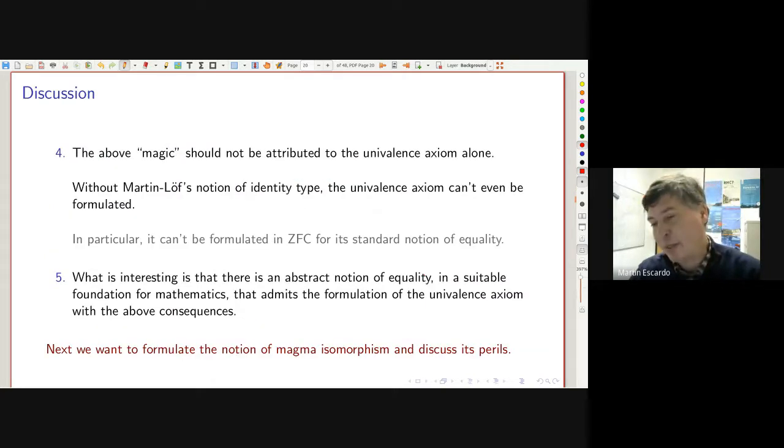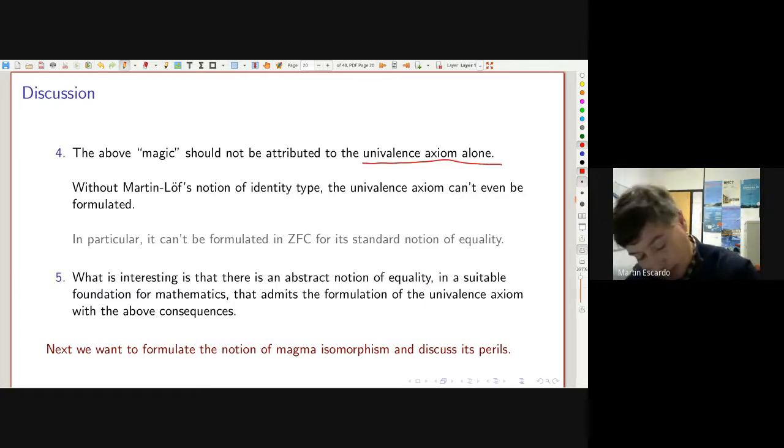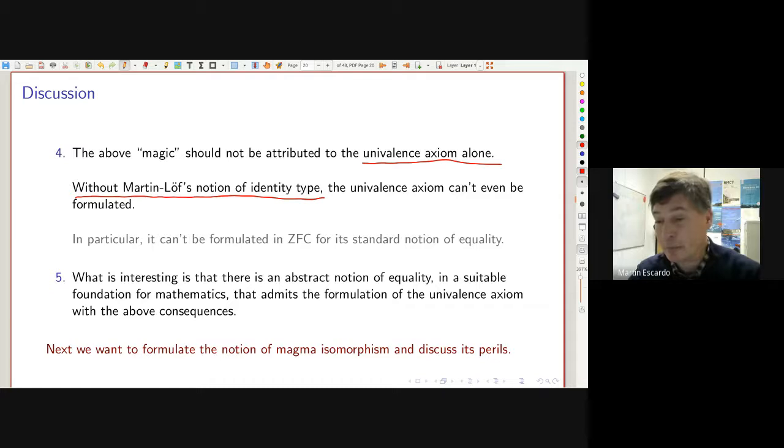Now this comes back to the question that Petruccio asked at the beginning of the talk. Is this happening because of univalence only? Well, no, not only. It is happening because of univalence, yes, but also because of this definition of the identity type that we spent a long time explaining in the talk. Without this definition of identity, this wouldn't be possible.